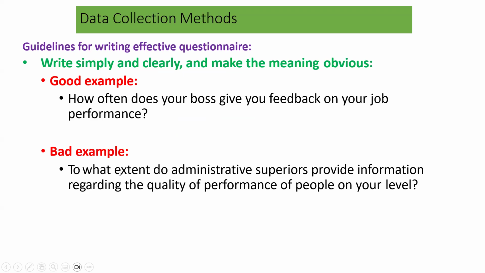To what extent simply means that you can't imagine to which extent. The level cannot be imagined. Some people may perceive a big amount, or it is clearly not measurable or quantifiable when it comes to what extent.